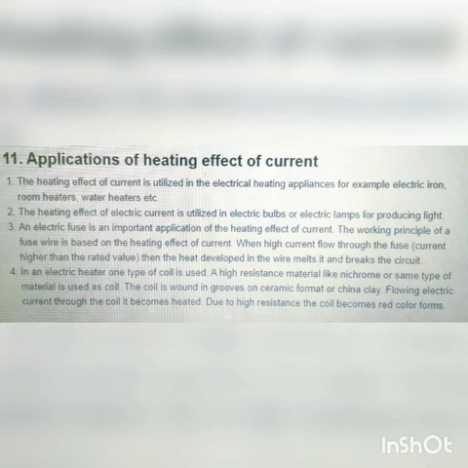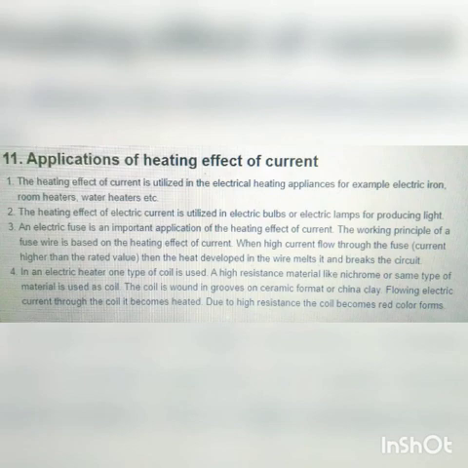You know, the electric fuse is also known as a safety device. It is a small piece of wire connected in series with a circuit to prevent the flow of a strong current through it. A fuse wire is generally made from an alloy of tin and lead, 37% lead and 63% tin.